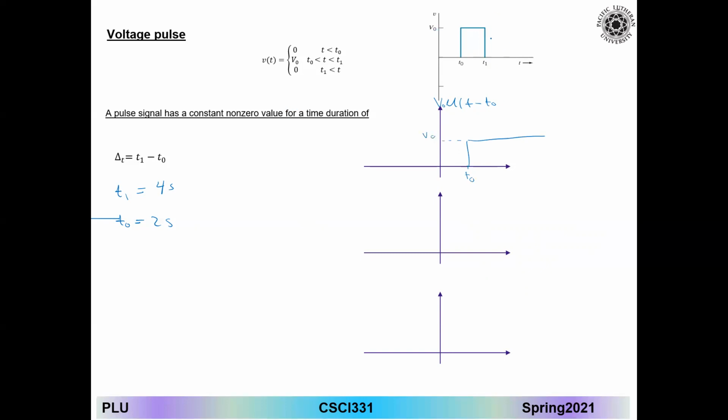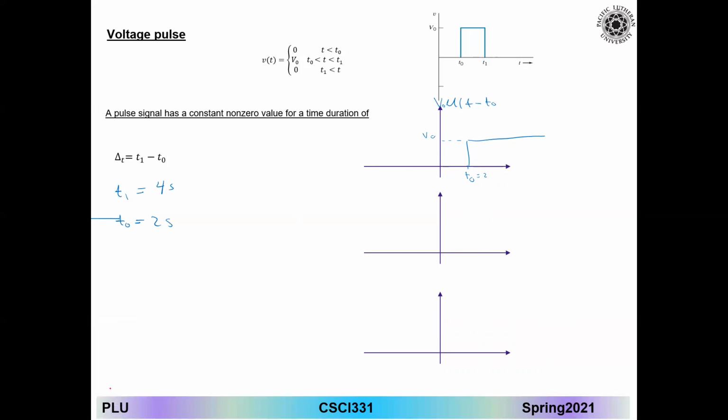The second part is another pulse, starting from t1. In this case t0, let's assume, is 2, so we can put it as 2 here. Another pulse starts from t1, which in this case is 4, so my starting point will be at 4.